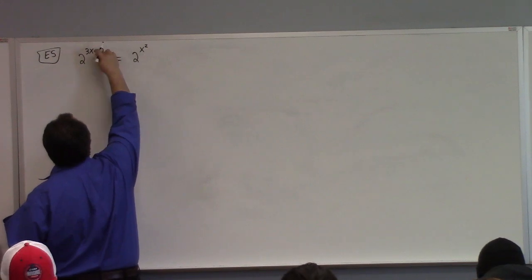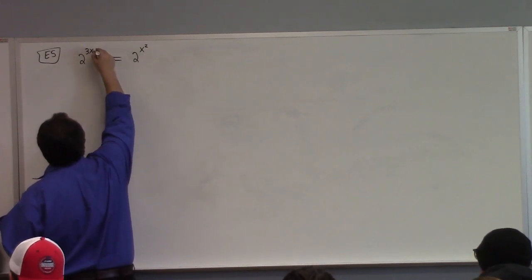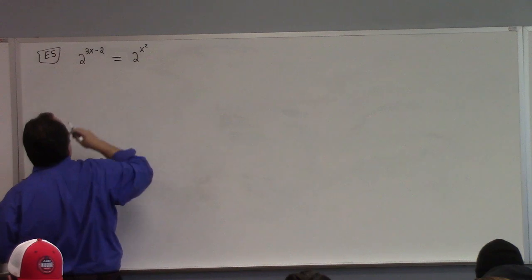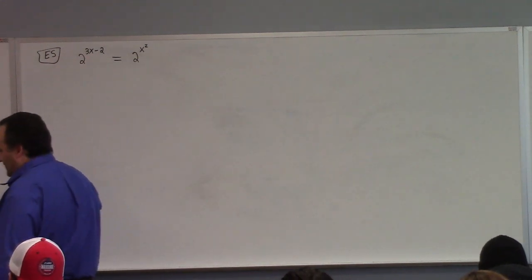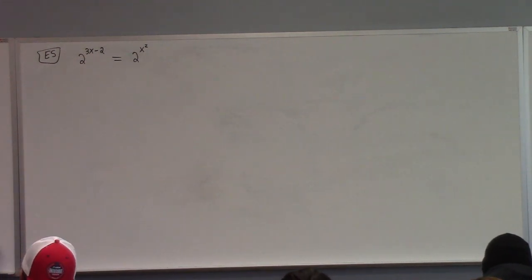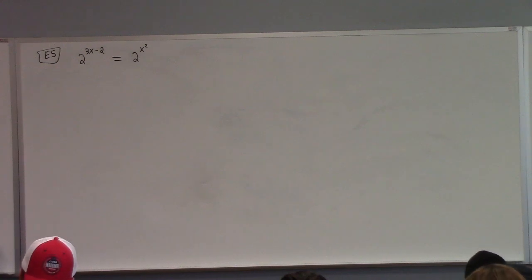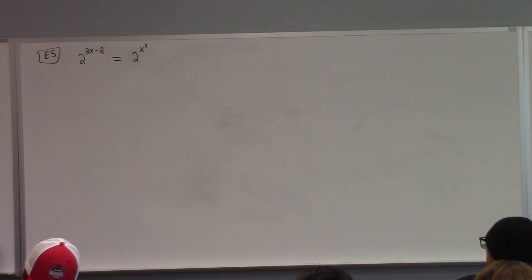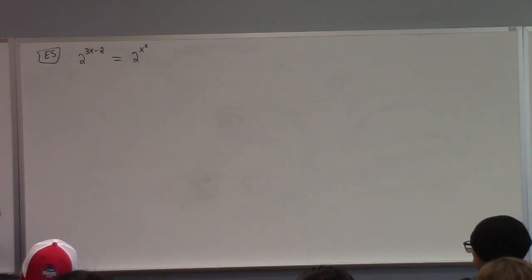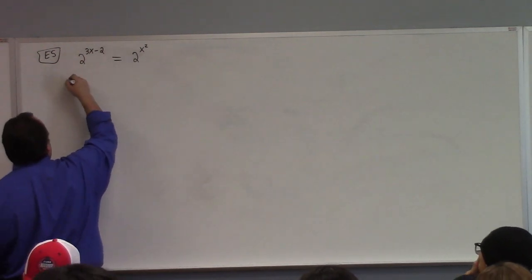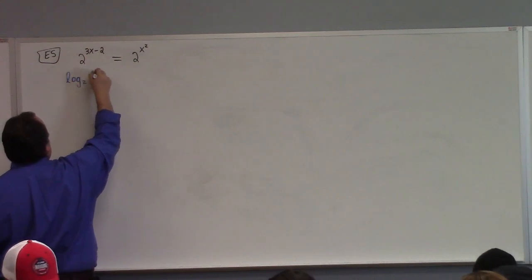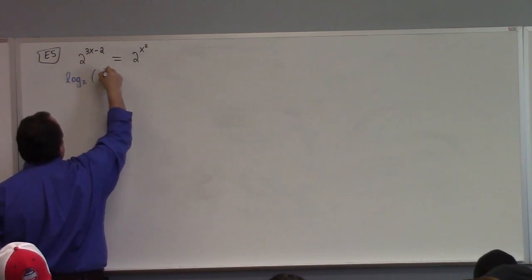I meant 3x minus 2. There we go. I feel better about it now. Listen, if you remember what we did last time, you know how to solve it. But I want to show you a new way of thinking about it. We can take log base 2 of both sides. If I take log base 2 of both sides, what happens?